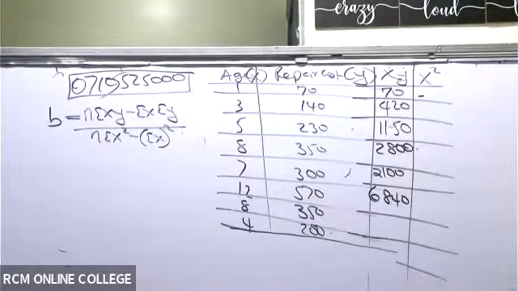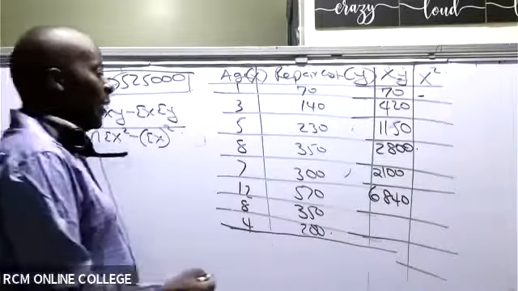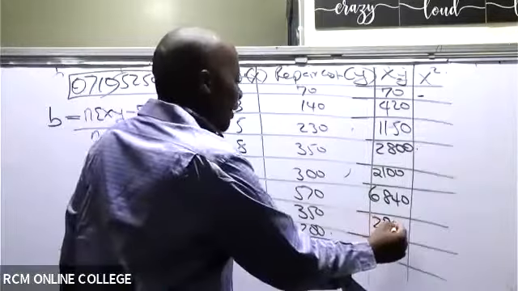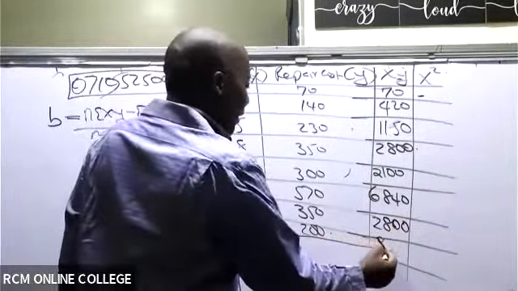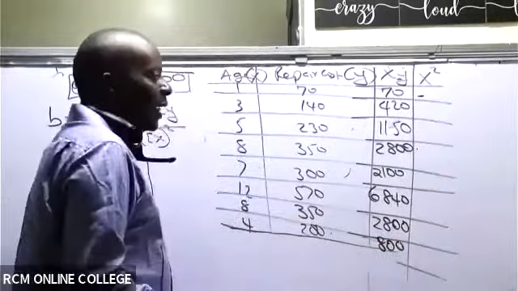Most gentlemen are not participating, which is very sad. I like when I see all the students participating, then I'll be able to give them great revision classes. So Sarah gives me 2,800. And then lastly, we have 4 times 200. This gives me 800.